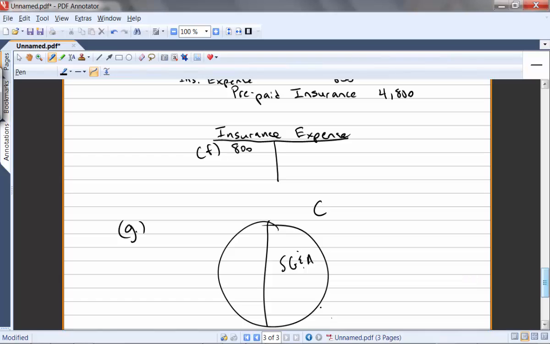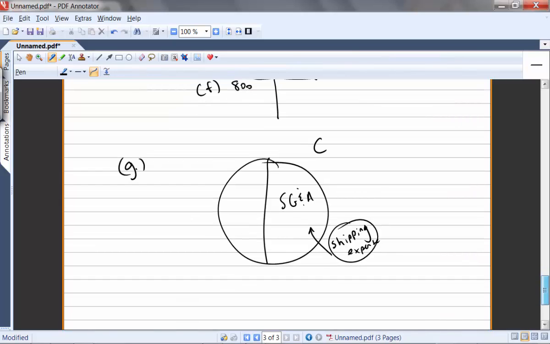That's where shipping falls. In a job order costing system, shipping expense falls over here on this right side. It's a cost that's not incurred to get the units of product ready to be sold. It's after they're sold, getting the units to the customers. That's what shipping expense is, and so it falls over on this right side, and hence it's immediately expensed.